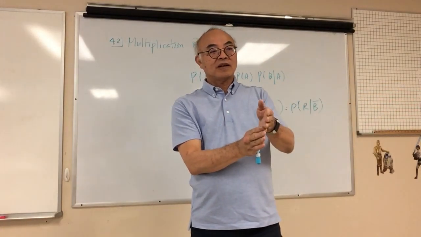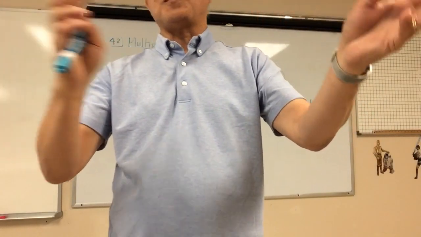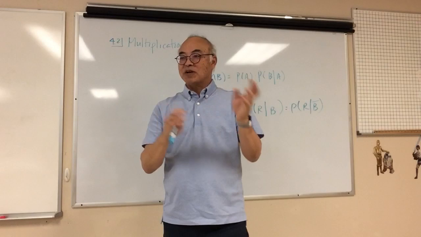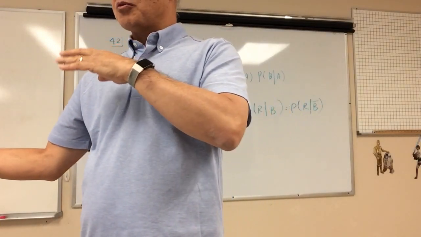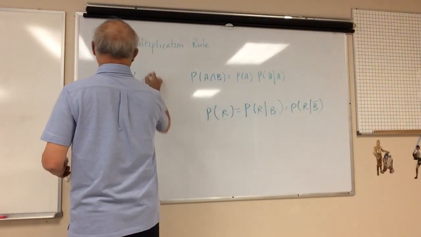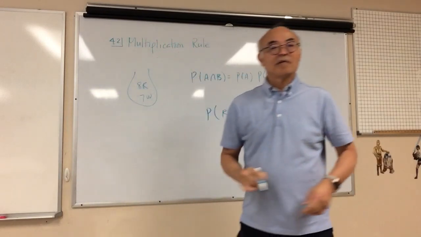You see that? Okay. So now let's think of this within the realm of with replacement and without replacement. You had to do this in the homework, right? Let's say that I have a bag with 8 red and 7 white marbles.